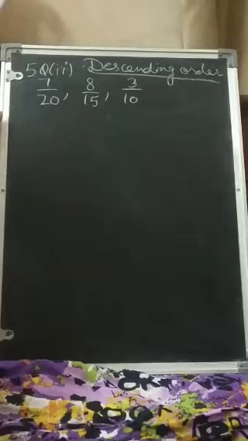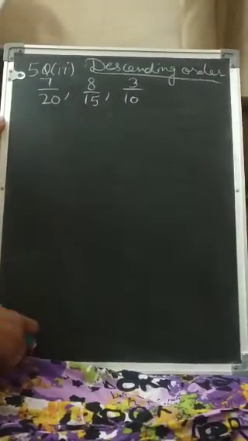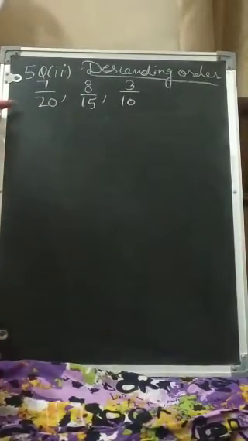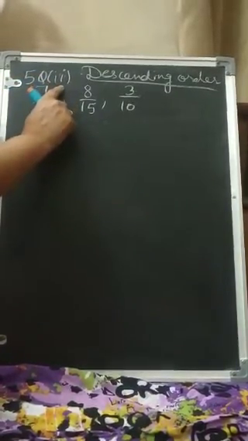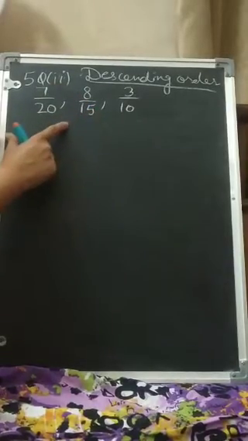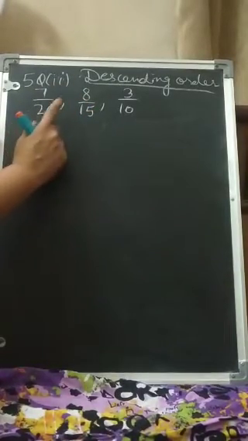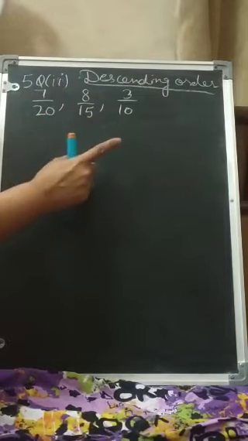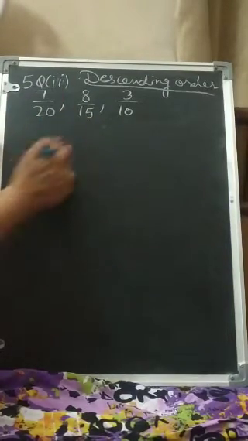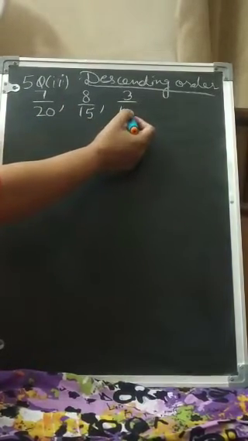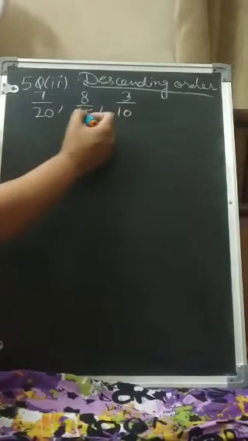Now students, we will learn how to write in ascending or descending order in fractions. I have taken this from exercise 2A, 5th question, second part. I will make you understand this part. For other questions, either ascending or descending, you will follow this method. First of all, what to do? We will take the LCM of these three numbers.